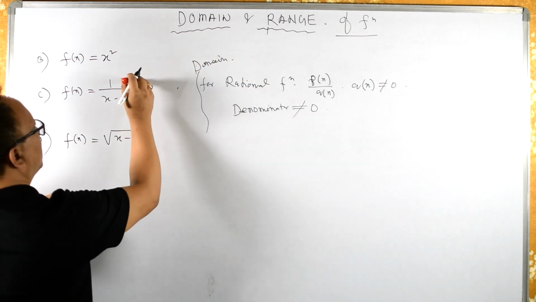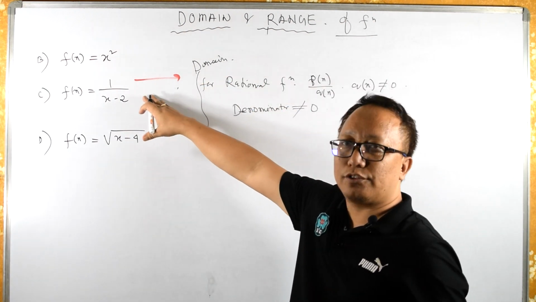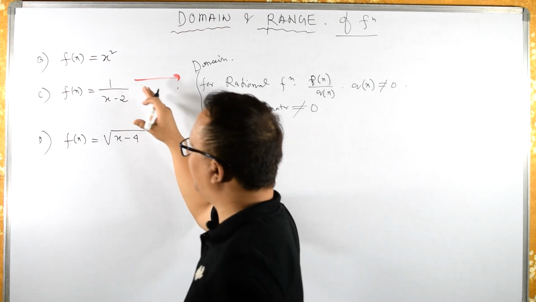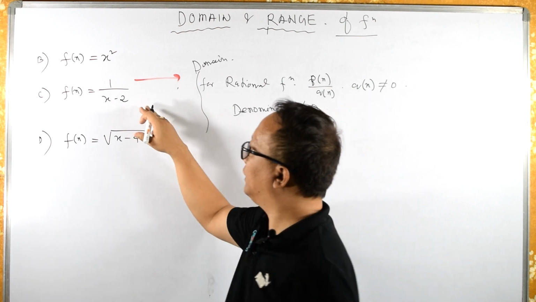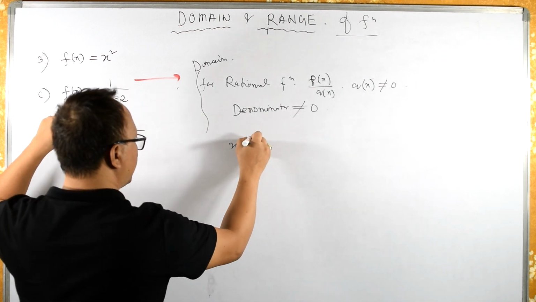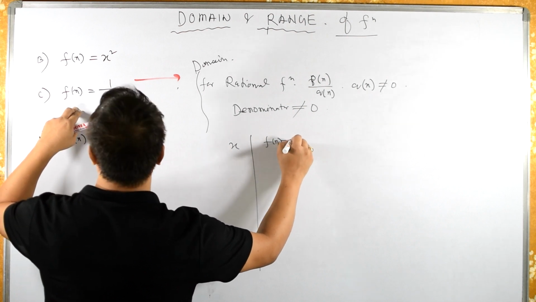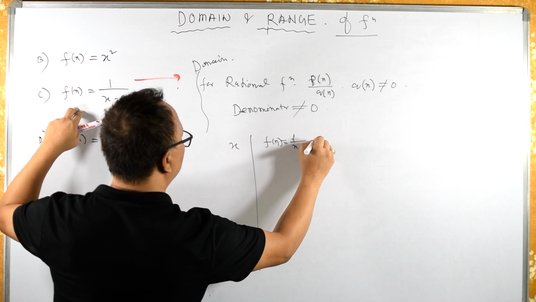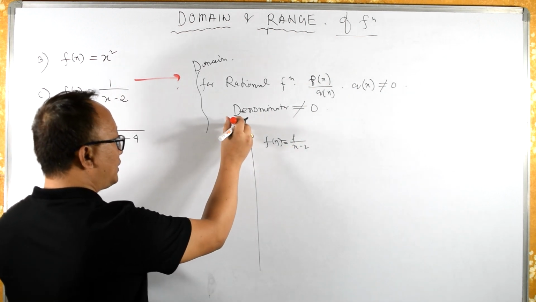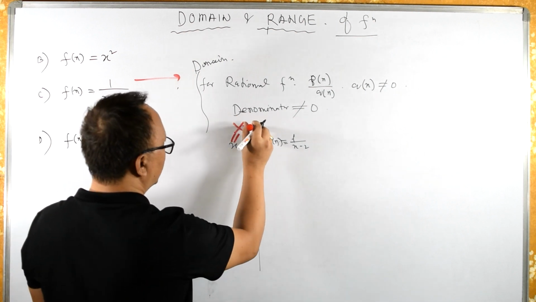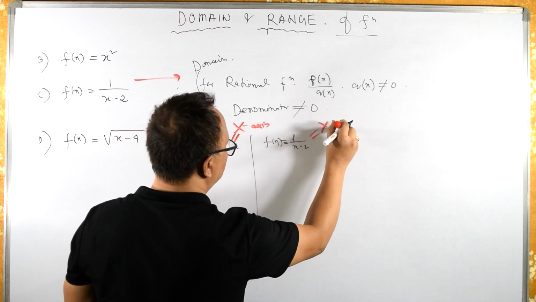You can choose any real number, but the denominator should not be equal to 0. Let's see, for example, x and f of x, which is 1 upon x minus 2. Let's substitute and draw it, with this being the x axis and this being the y axis.